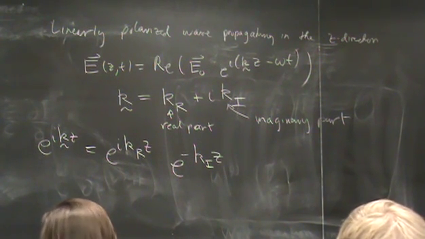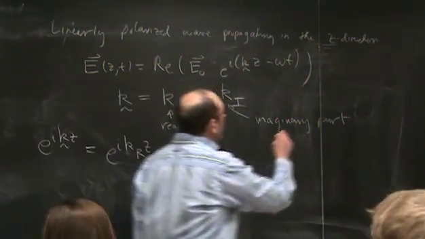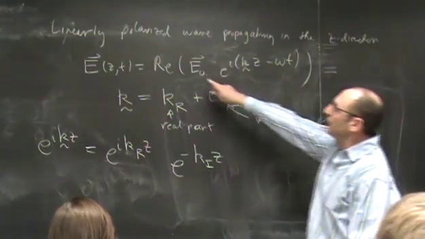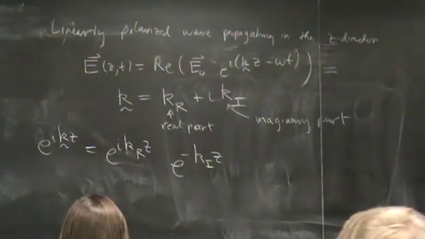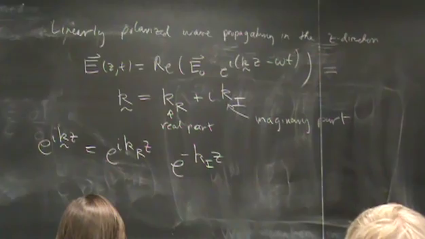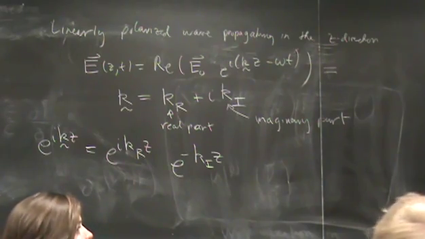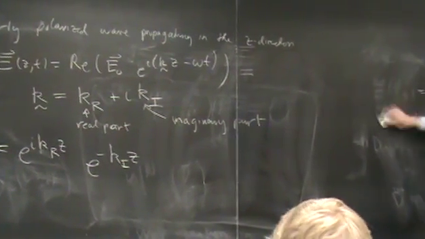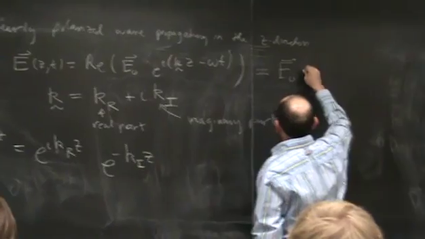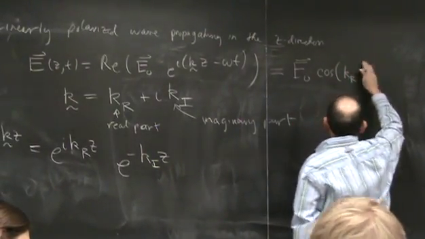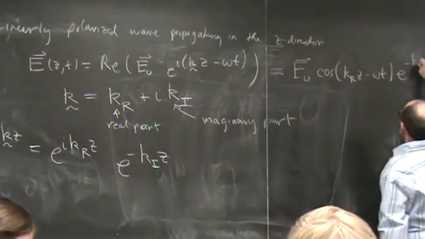So I plug that into here, and what I find is that, assuming this is a real vector because it's linearly polarized, and I'll just take its phase to be 0, I get E0 cos of the real part of the wave number, and then e to the minus the imaginary part.